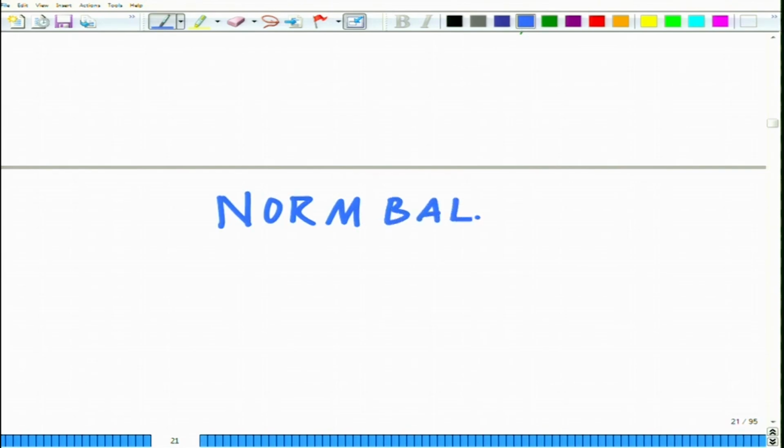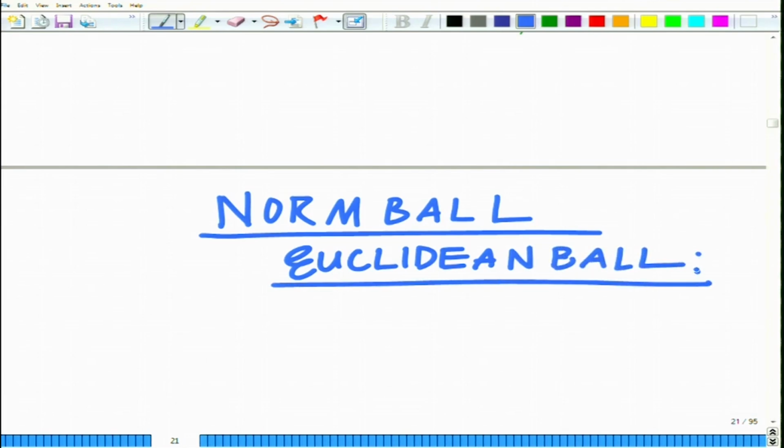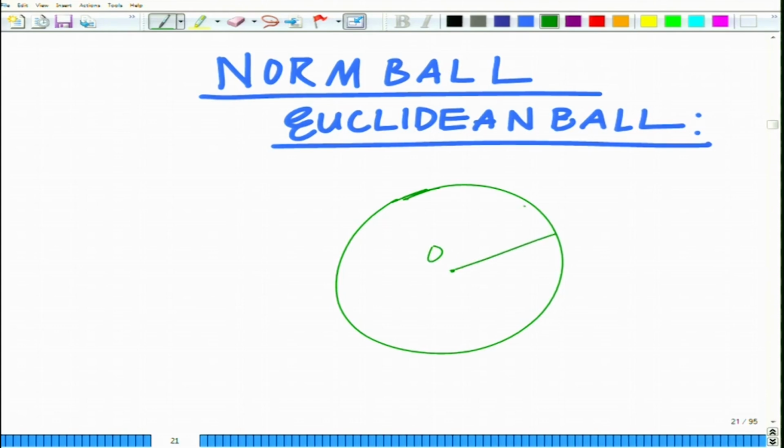So, what we want to look at is this constraint of a norm ball, in particular a Euclidean ball. And if you look at, for instance, a ball in 2 dimensions, it is basically a circle with a certain center, let us say at the origin 0, and this has a radius r.